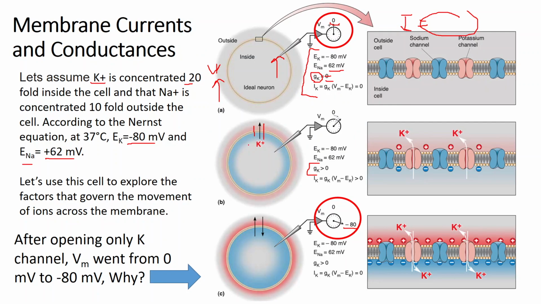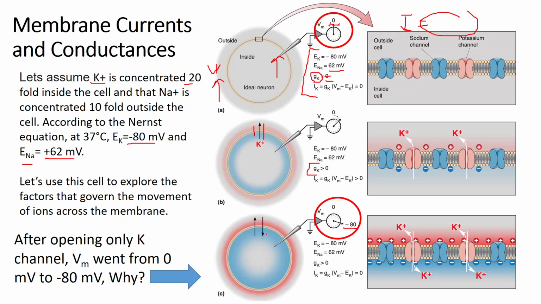In the second example, we have a conductance of more than 0 because the channels are open. So we have both high conductance as well as high ionic driving force, which will result in the movement of potassium to the outside.